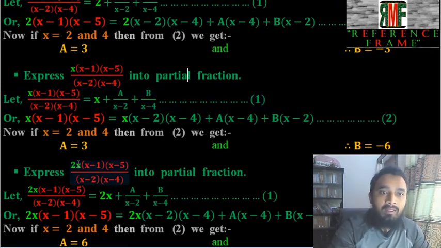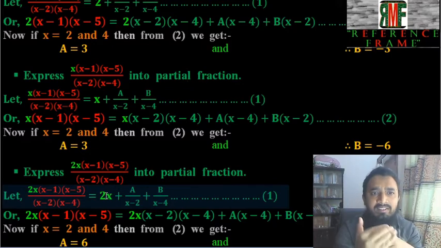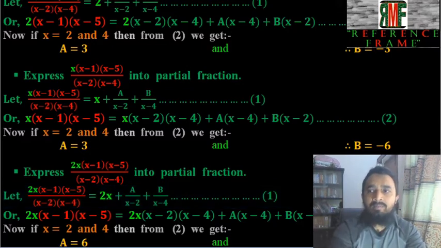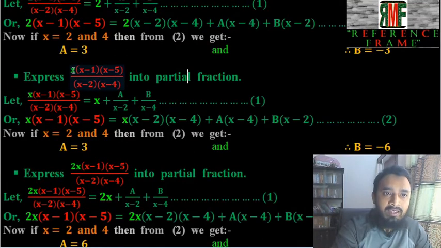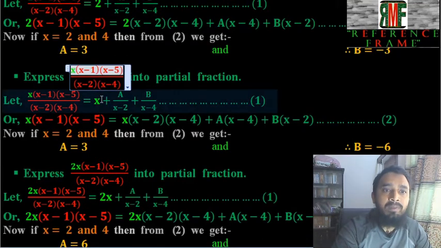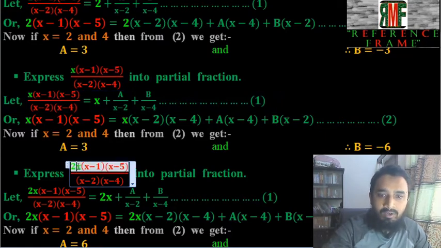Look, when we have twice x, then the quotient part is going to be twice x. So look, there is a sequence between them. If this is going to be x squared, then this must be x squared. If this is going to be x cubed, twice x squared, this is going to be twice x squared. Suppose I write it down, twice x squared.